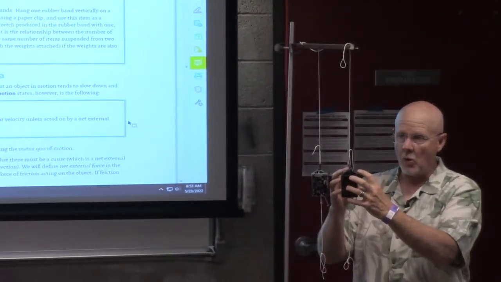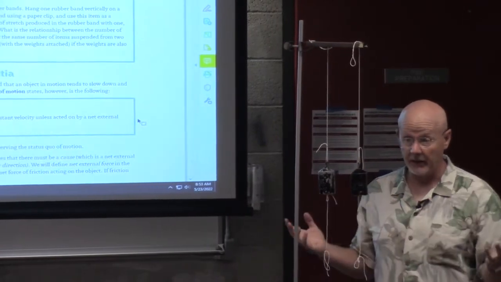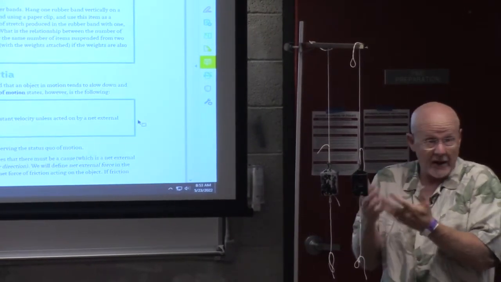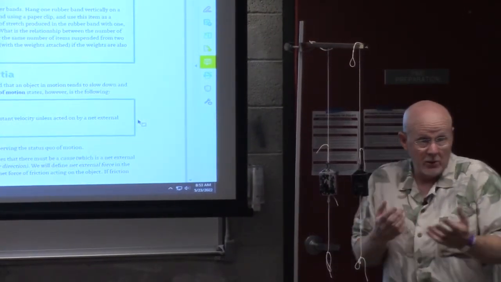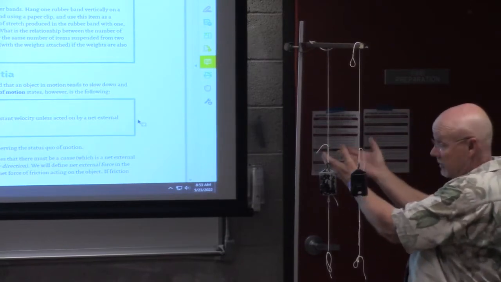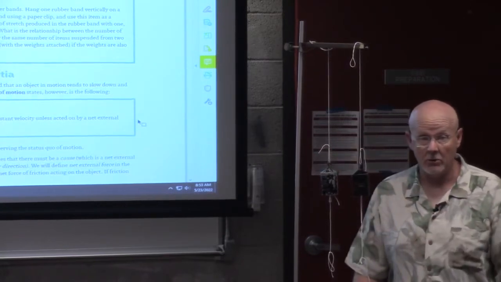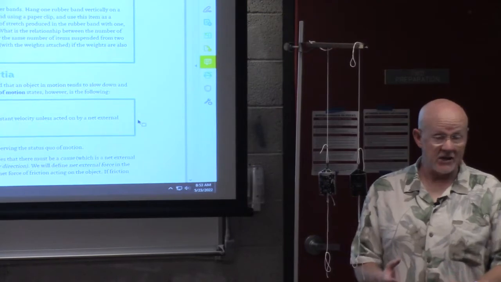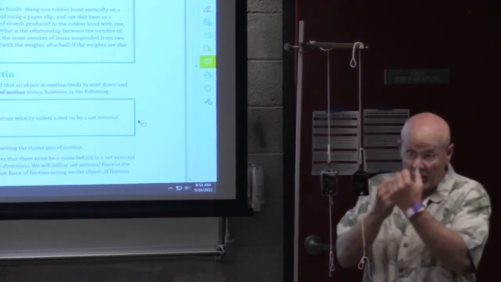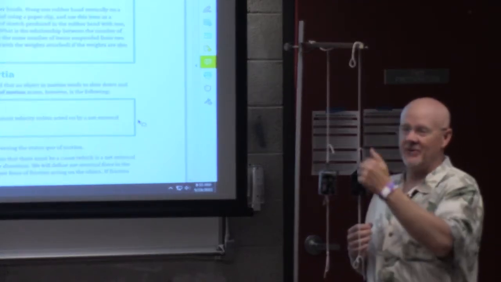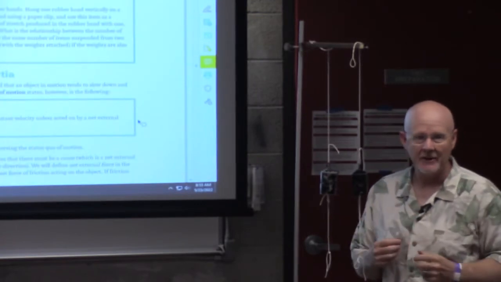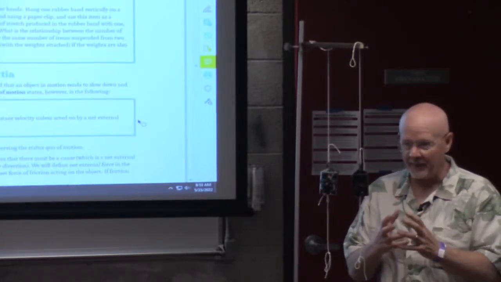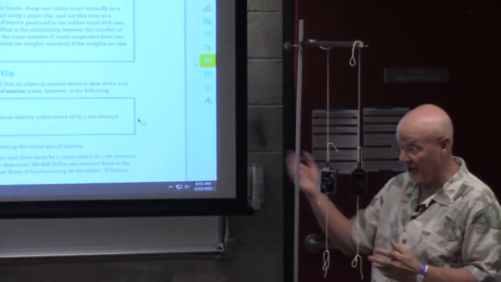And so I would say right now it's not accelerating, right? I can just look at it. It's at rest and it's staying at rest. That means Newton's first law is saying the net force is 0. And that kind of makes sense. I know gravity's pulling it down, but then this string up here, tension, is pulling it up. So if those two were equal and opposite, kind of like those 3 and the 3, then the net force here would be 0.